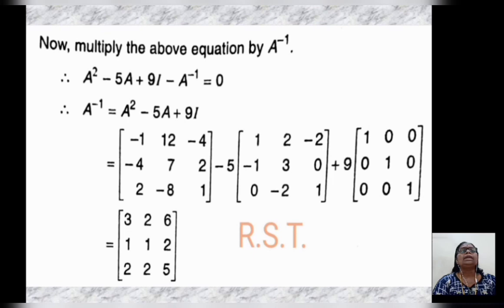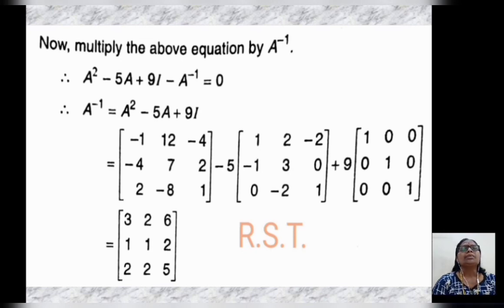Now multiply the above equation by A inverse. Multiplying the above equation by A inverse, we get A square minus 5A plus 9I minus A inverse equal to 0. Hence, A inverse equal to A square minus 5A plus 9I.